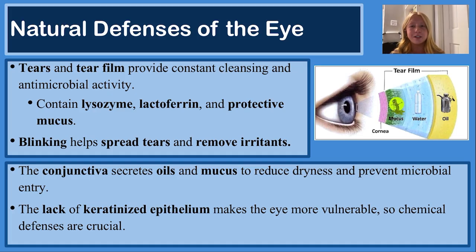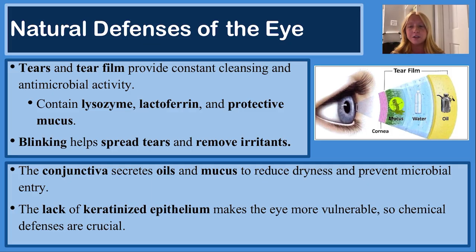So now I'm going to talk about the natural defenses of the eye. We talked about the tears and the tear film. The tear film constantly cleans the surface and contains antimicrobial substances like lysozyme and lactoferrin that help kill and inhibit bacteria. And every time we blink, we spread this protective film and physically move potential irritants out of the eye.